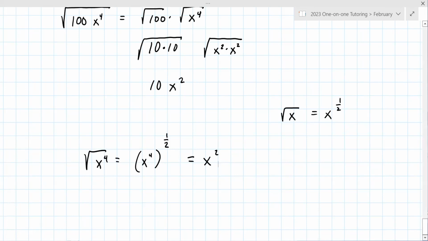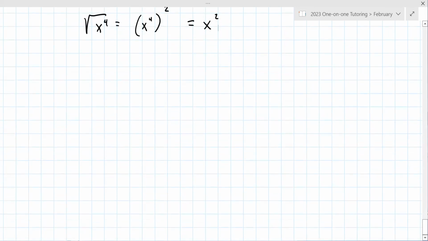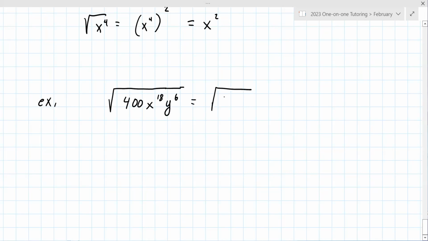What you'll maybe get in the future, this is just another example, is something more complicated, like the square root of 400 x to the 18th, y to the 6th. And this is really three problems in one. It's the square root of 400, the square root of x to the 18th, and the square root of y to the 6th. In the case of the square root of 400, you know how to do that. You're going to use this 1/2 idea for the next two.